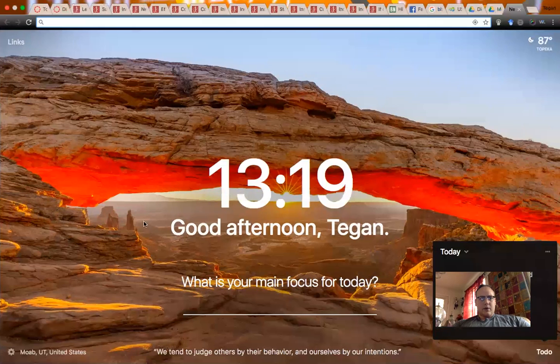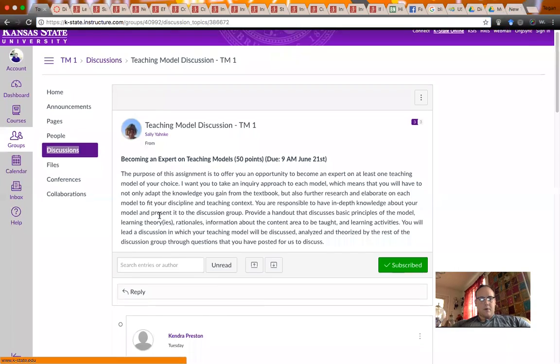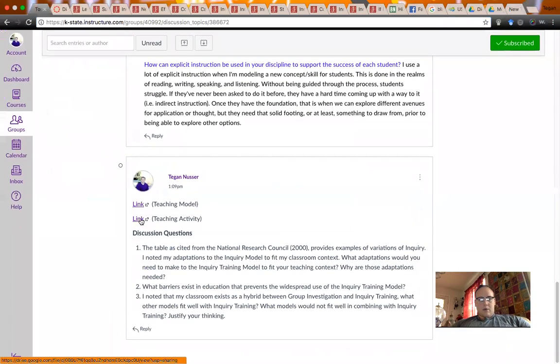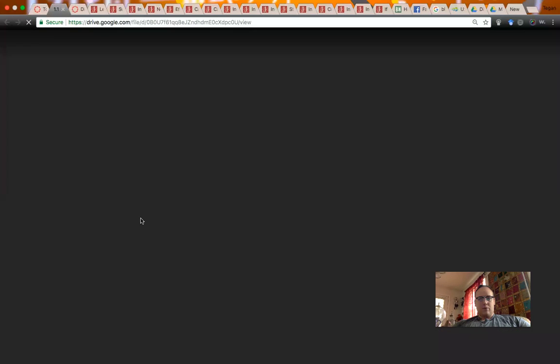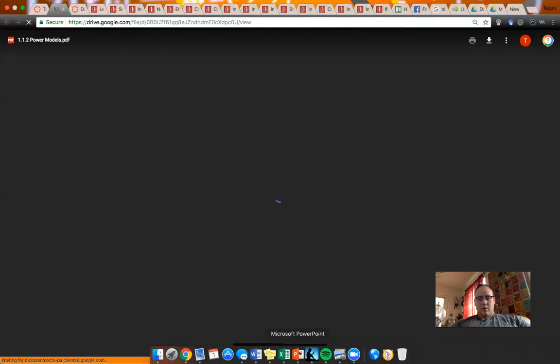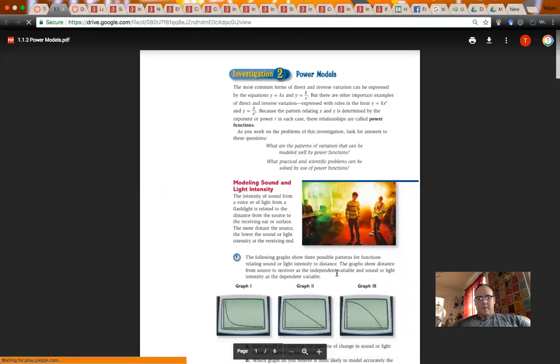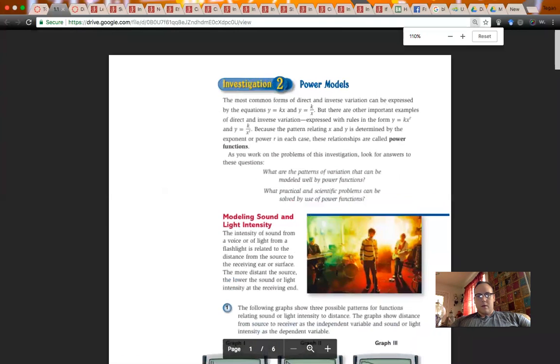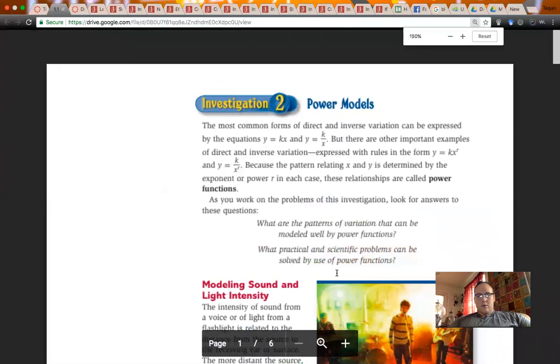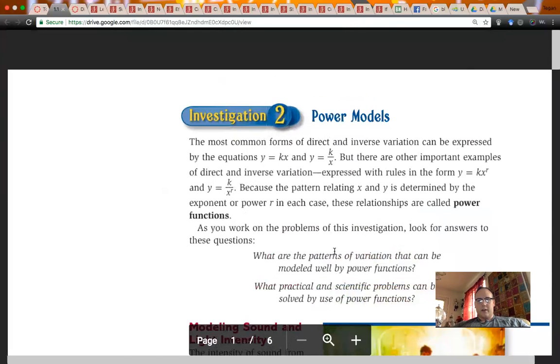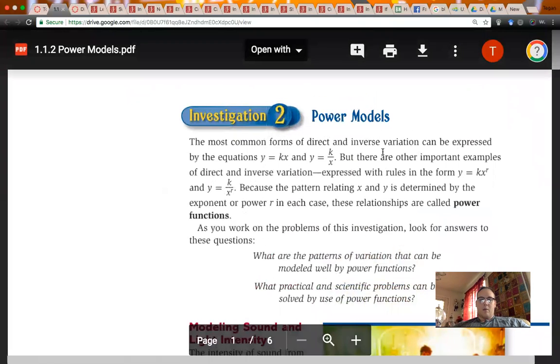I'm going to open up my activity so I can show you what these look like. This is one of the first ones we do in the year, and it's an investigation into power models.